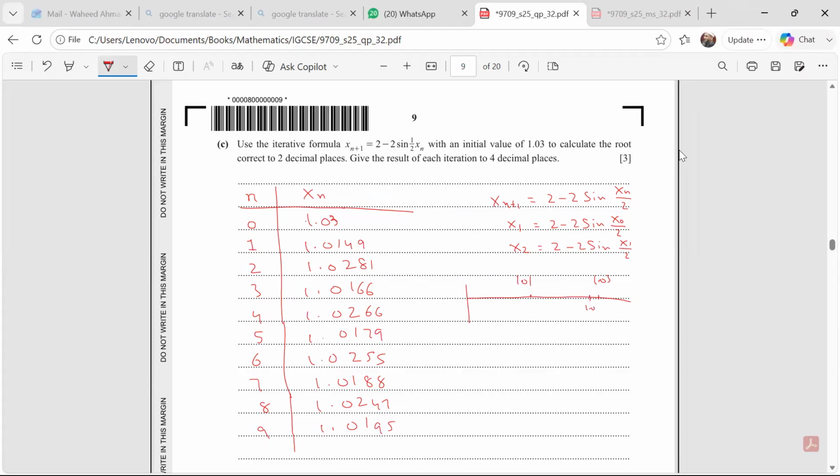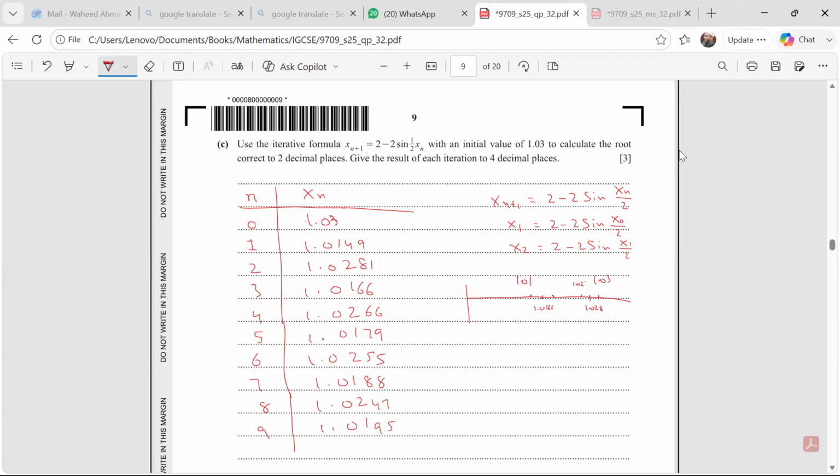Next value is 1.0166, so it is after this. Next value is 1.0266, so it's before this one. Next is 1.0179, so after this. So basically we are converging to some value.